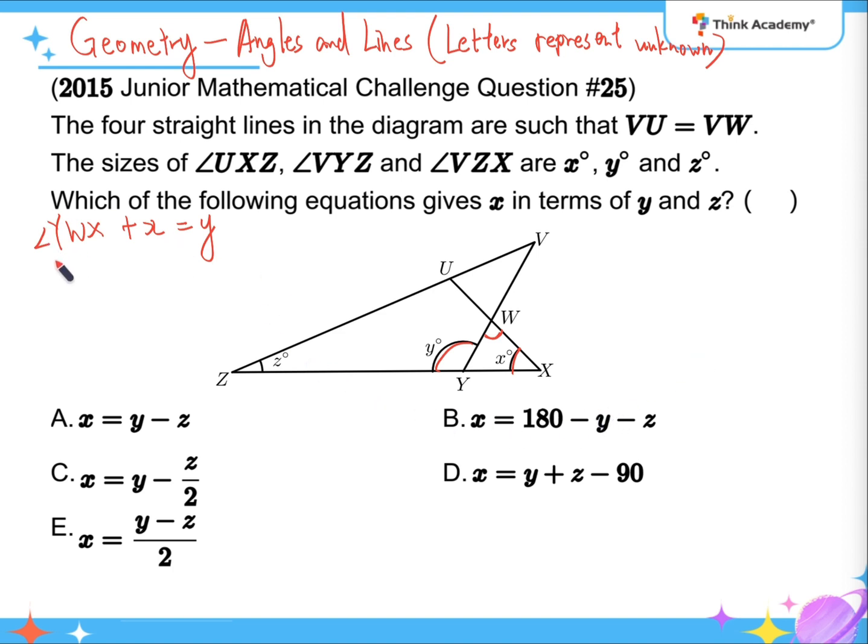So now the purpose of this question becomes finding an expression in terms of y and z for this angle YWX. So quickly we can see that VWU is equal to angle YWX because they are vertically opposite angles.